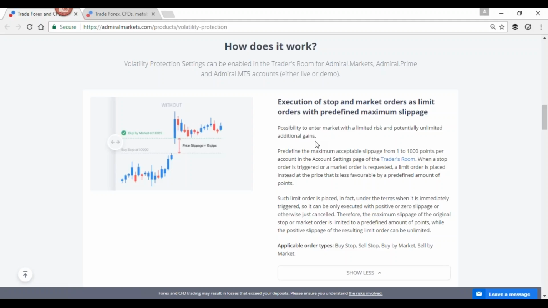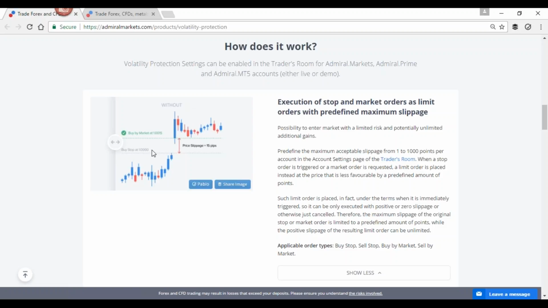The first one here is basically if you say to the system, I don't want more than X amount of slippage. Let's say you don't want more than half a pip of slippage. If there is less than half, nothing happens and the order is executed. But if there's more than half a pip, in that case you will have a limit order instead. So a limit order is placed if the maximum slippage that you have predefined is exceeded.